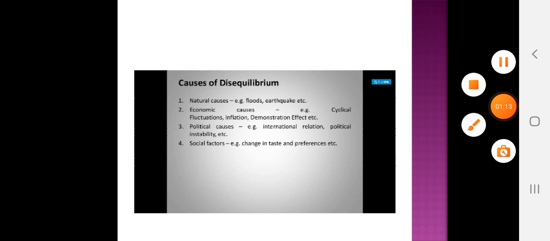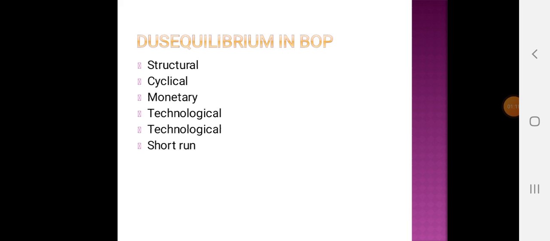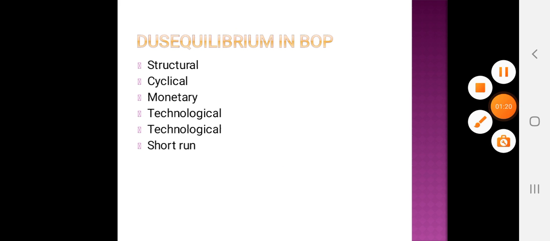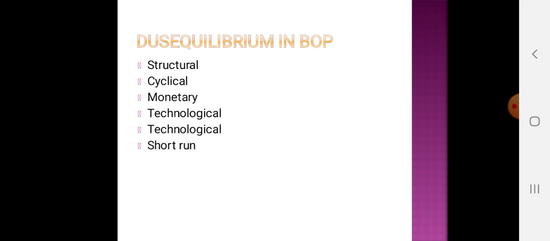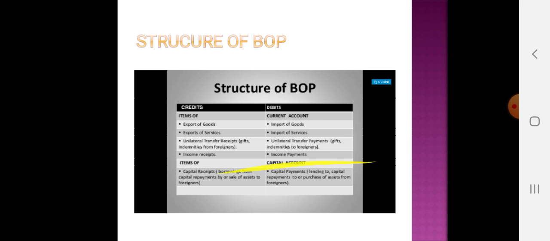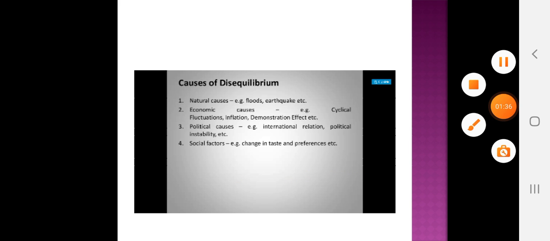We discussed in the previous class one component, the different types of disequilibrium in balance of payment. You might feel that these are similar to the causes, but when you're explaining in terms of causes, try to write in this way.